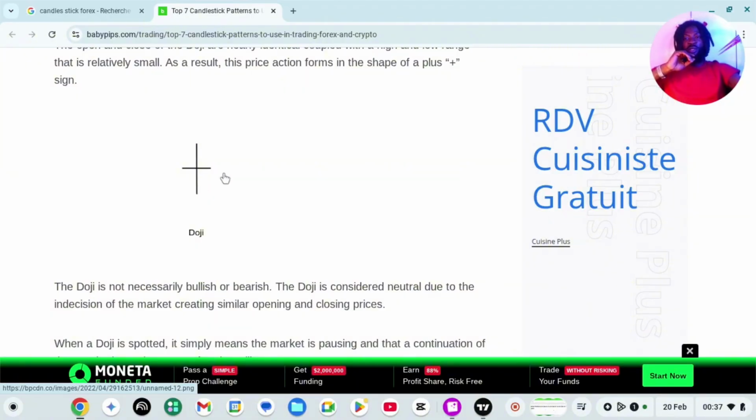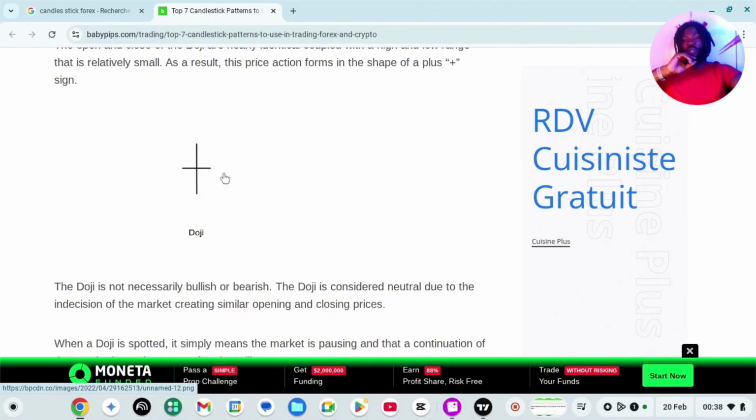So what is this doji indicating? It's indicating indecision in the market. Let's say for instance the market gets to our point of interest, either support or resistance, and you see this doji. It is telling us that the buyers and the sellers are fighting and nobody won.